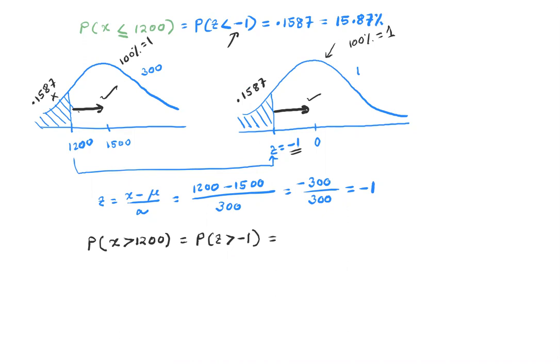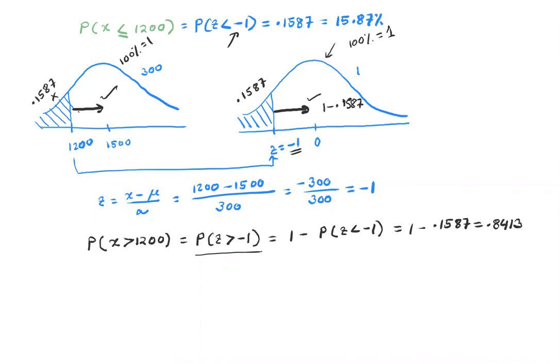The right side should be 1 minus 0.1587, which is to say this is the same as 1 minus the probability of z less than -1, which is to say 1 minus 0.1587, which is 0.8413. That's what it is.